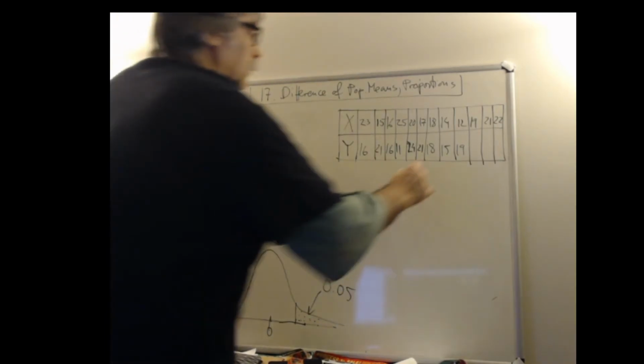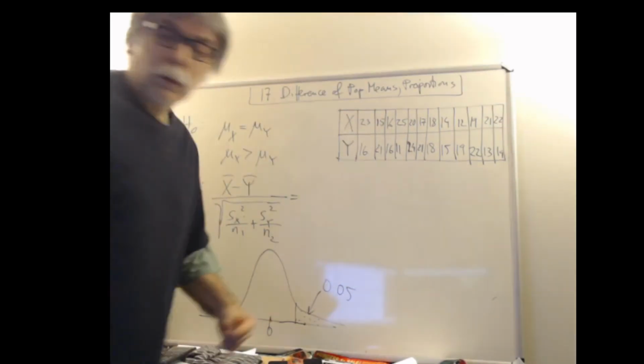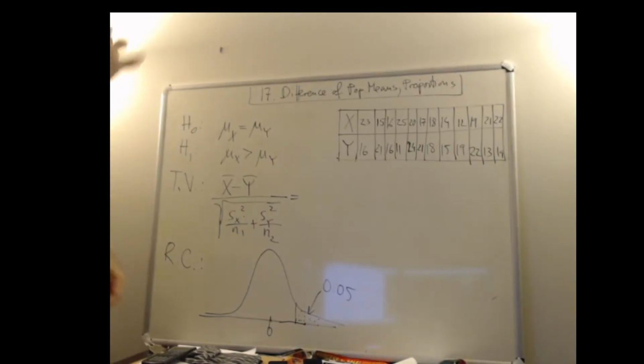It happens that both groups have an equal number of drivers. I have 12 of them.